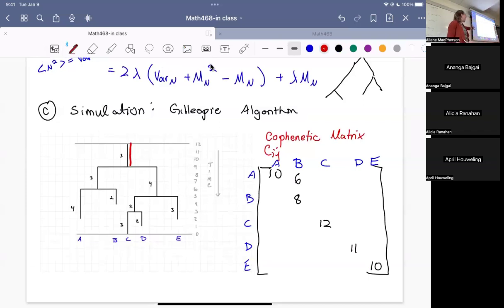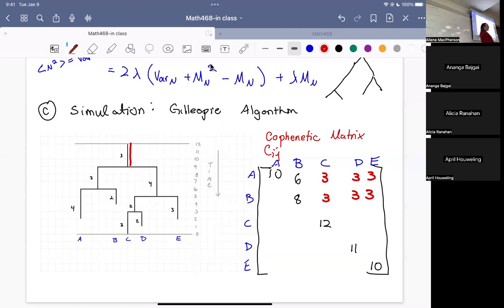All right, so nicely, lineages A and B diverge from lineages C, D, and E very early on. So a lot of the entries up here are just going to be 3, because A and B only share 3 units of time with the 3 other lineages. So all 3 of these are 3, and then the diagonal element is just the length of each of those respective lineages.